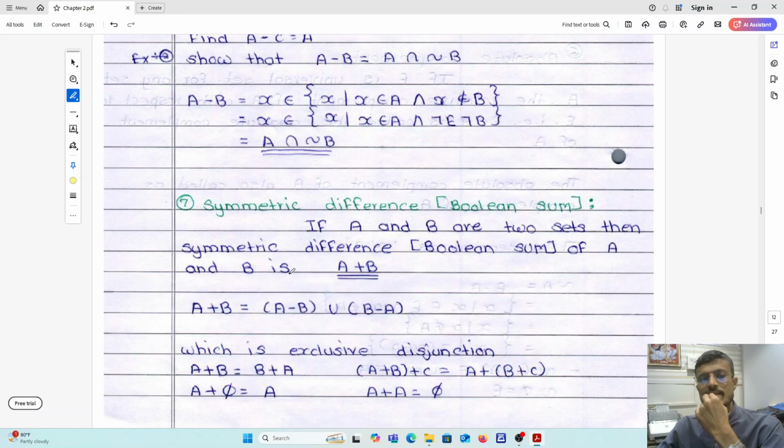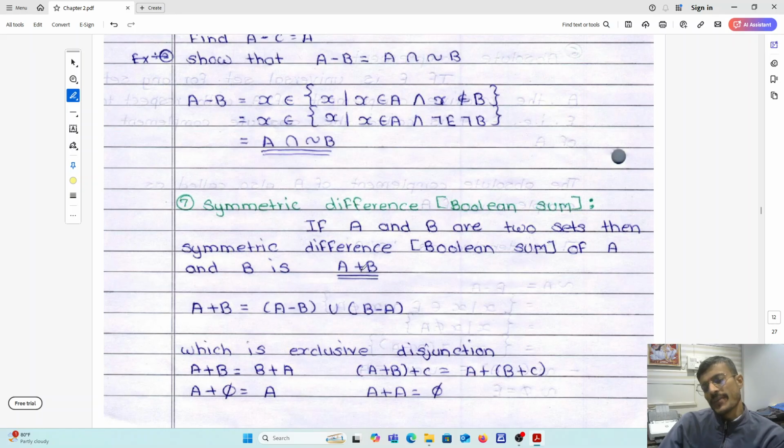And the last one is symmetric difference or Boolean sum. This is the last point about operations on sets. So 7 operations are there, and the 7th one is symmetric difference or Boolean sum. Let us consider A and B, two sets.